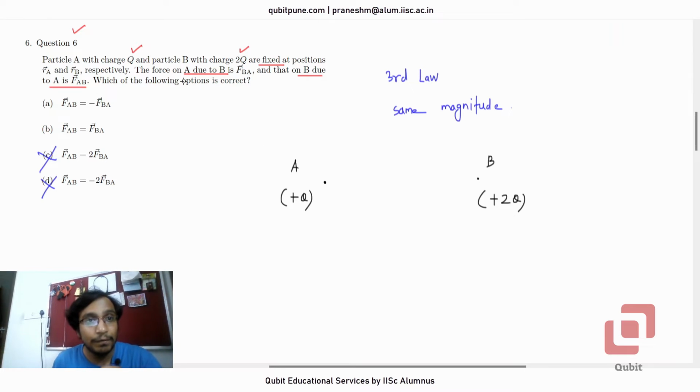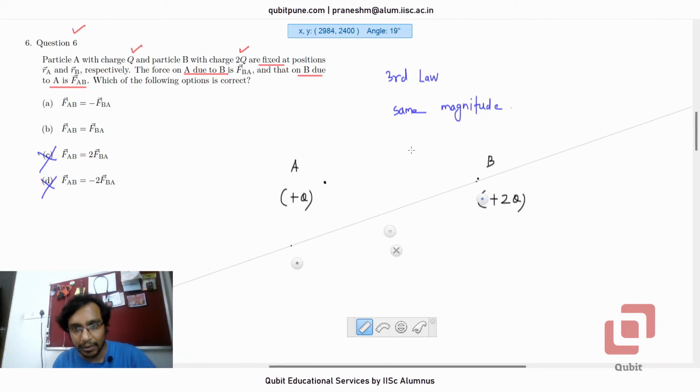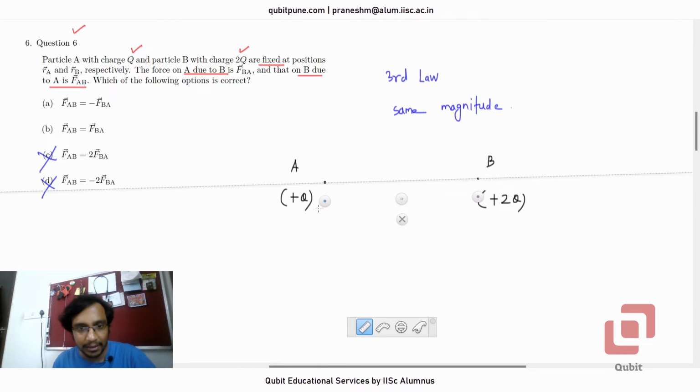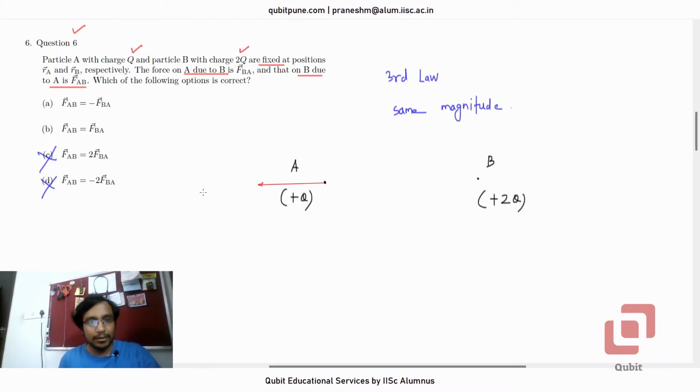Force on A due to B is going to be a repulsive force in the direction from B to A. Let me show it in red color. This is going to be the force, F BA bar.